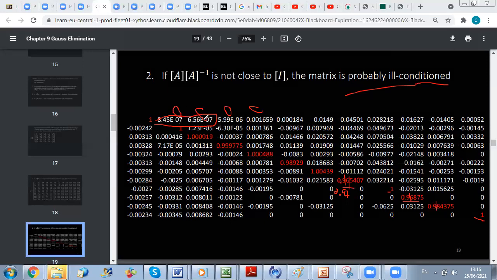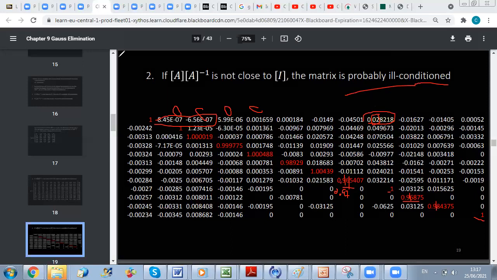But look here, for example, the critical case: I have 0.02. If I have to trust 2 digits after the decimal point, it will not work, so I can say that this matrix is probably ill-conditioned because I cannot trust more than 1 digit after the decimal point.